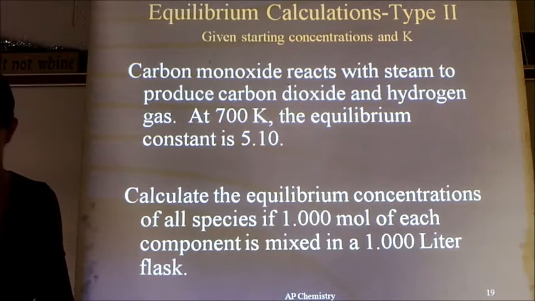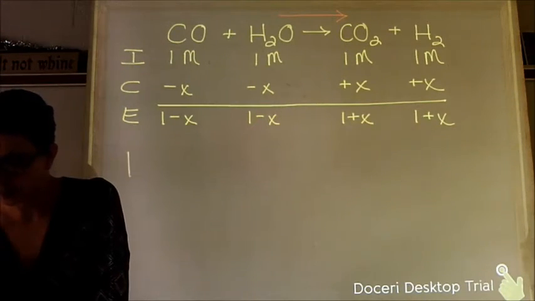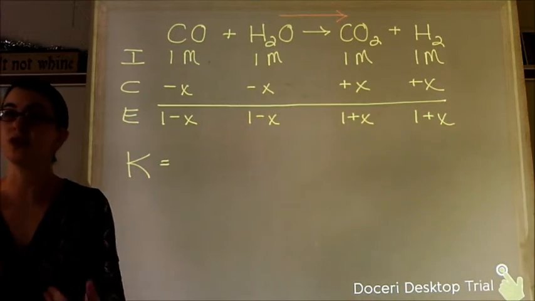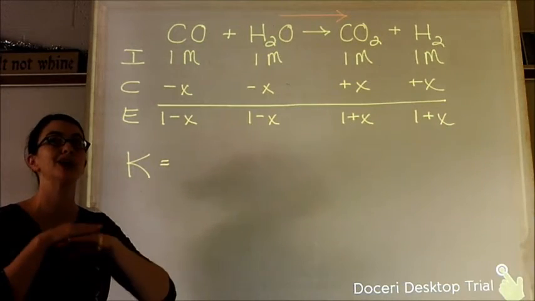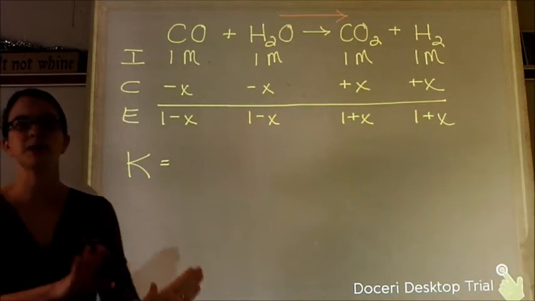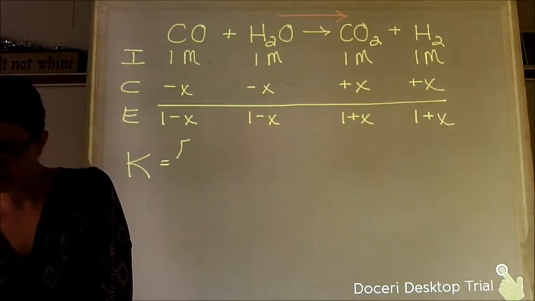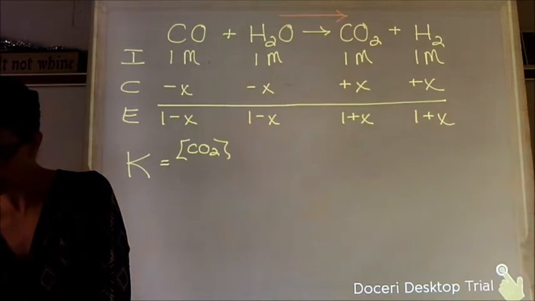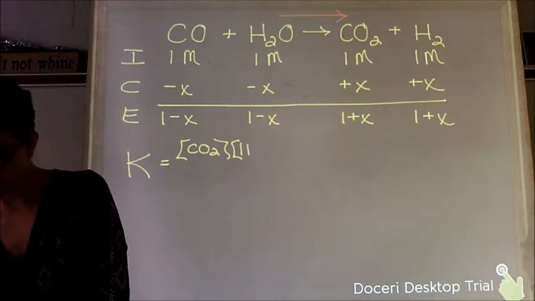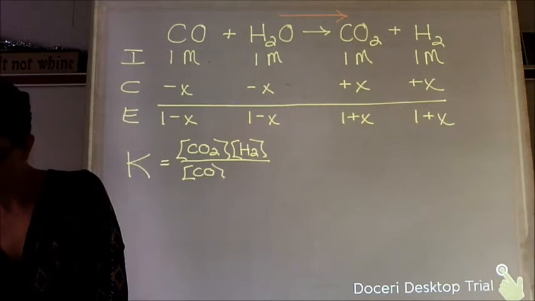All right. Tell me, please, because as I said, you're going to be asked to do this next step on pretty much every equilibrium problem. Please tell me, what is my equilibrium expression going to look like? All right, CO2 times H2 over CO. Very good.